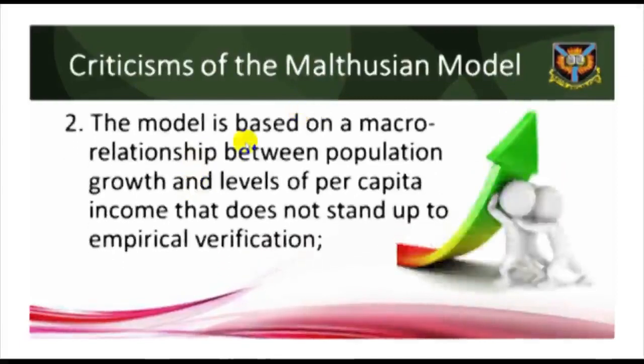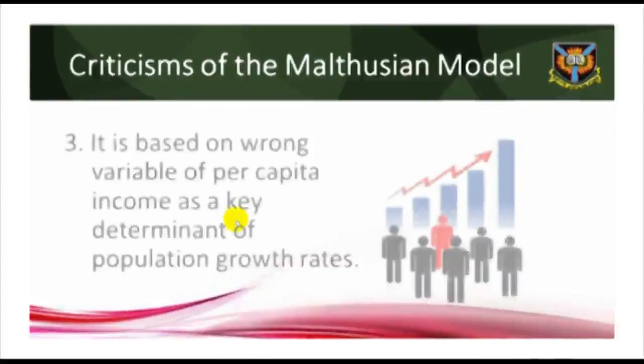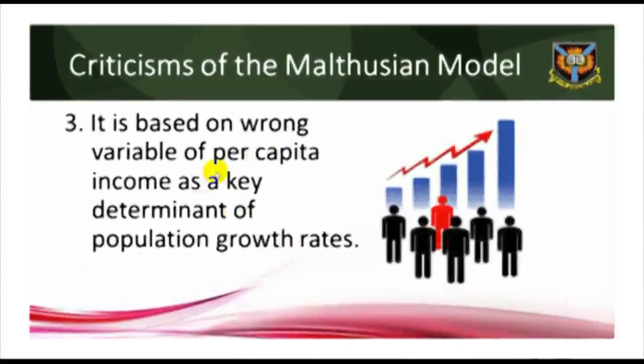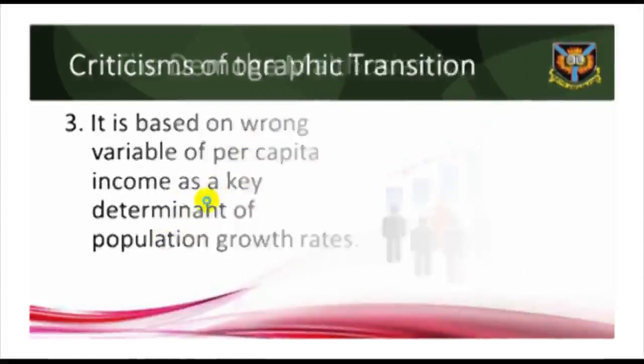The model is based on a macro relationship between population growth and levels of per capita income that does not stand up to empirical verification. 3. It is based on the wrong variable of per capita income as a key determinant of population growth rate.